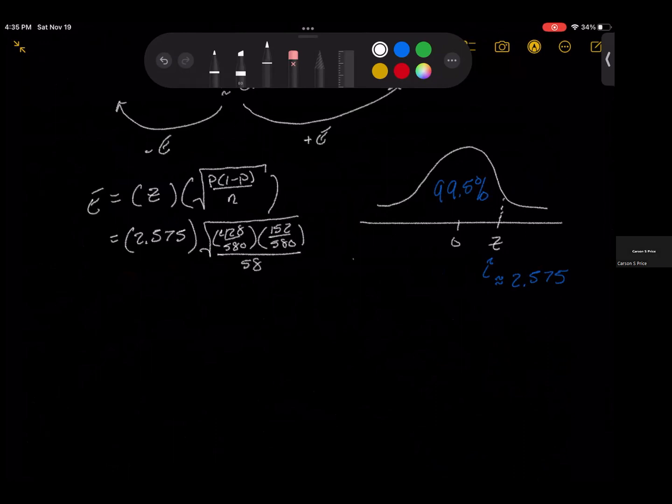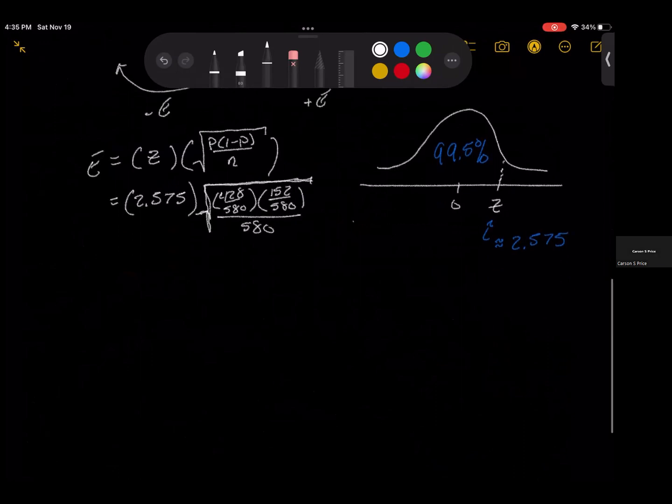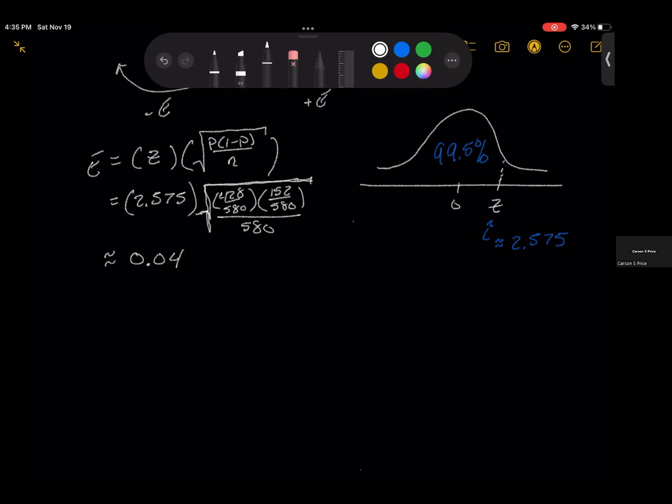And I divide that again by 580. So it's important that that division is inside that square root. And that's my order of operations. And when I complete this, I find an error of roughly 0.04702.